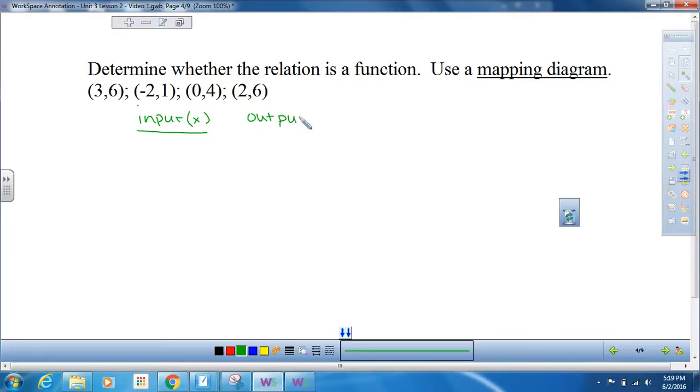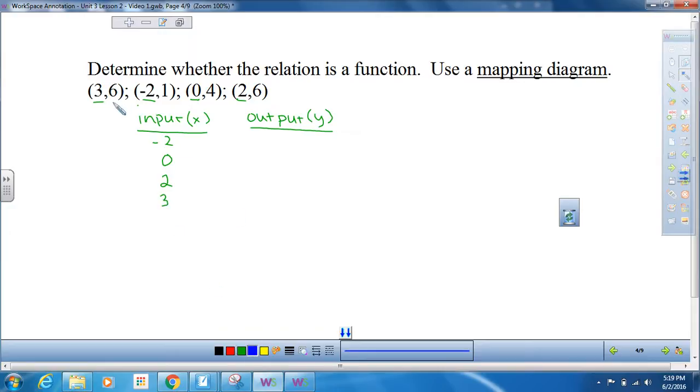The only difference between this and a table is that they don't have to match up side by side. So let's just look at our inputs: 3, -2, 0, 2. I'm going to put these in order from least to greatest. So I have -2, and then 0, and then 2, and then 3.